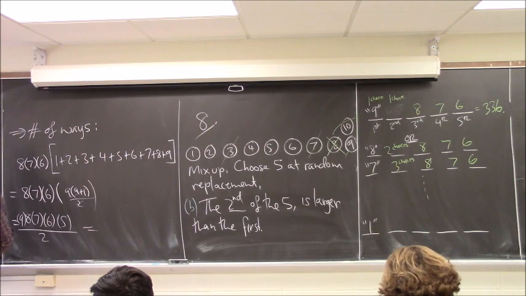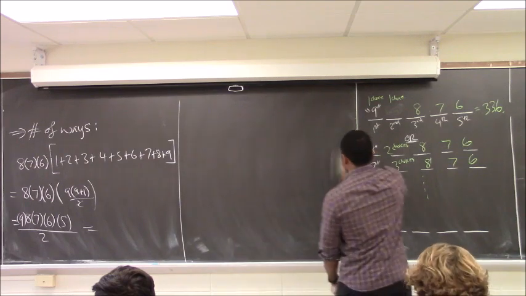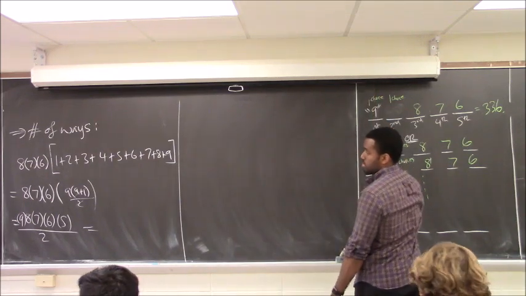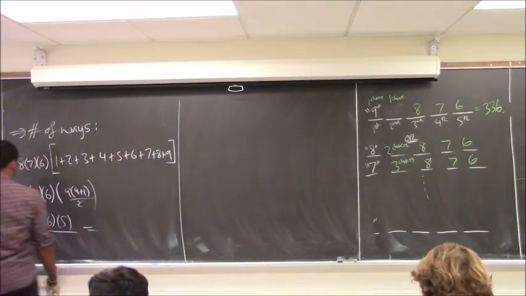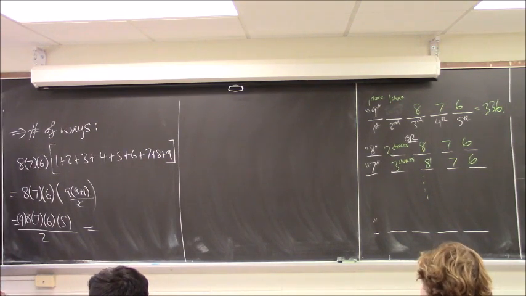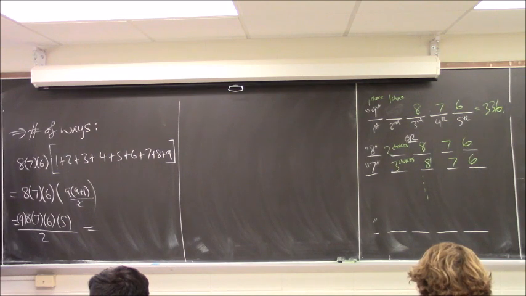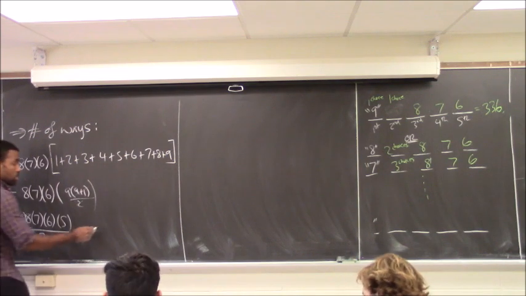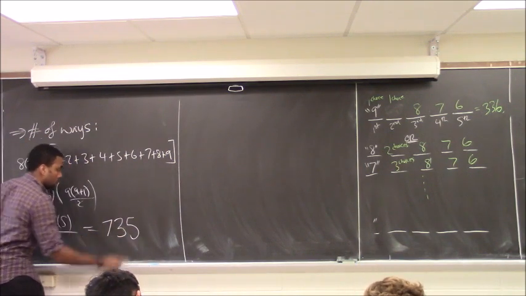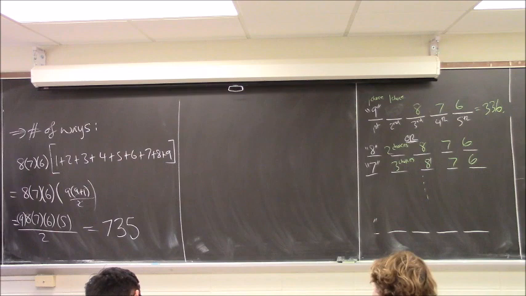What's that? 735. 735. Now, by the way, what was the total number of ways this could have gone?